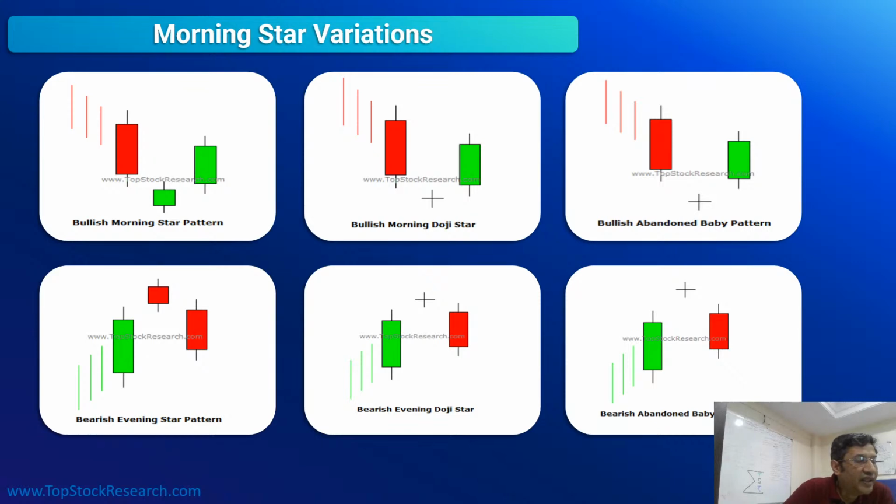Stock selection criteria. See, one of the best things when looking at a stock is the volume and the value. Value tells you how much money is getting into the trading of that particular stock. The higher the value, the better the market participation is, right? So you should always be looking at a stock which is trading at a high value.